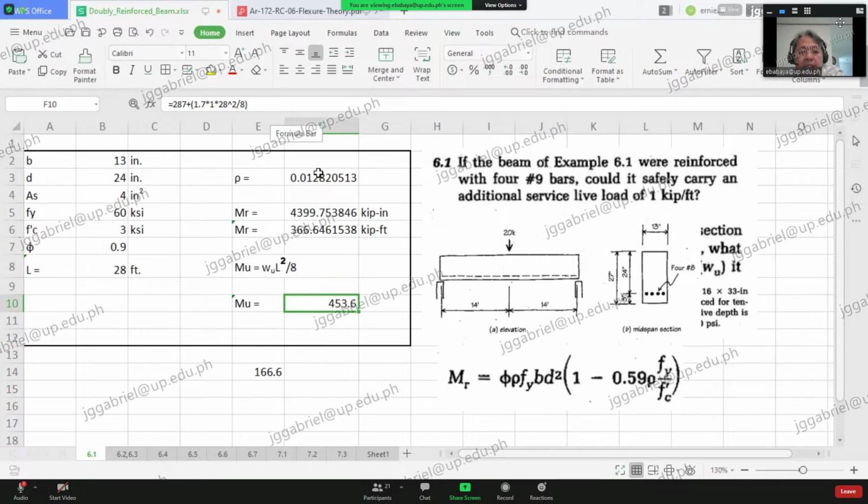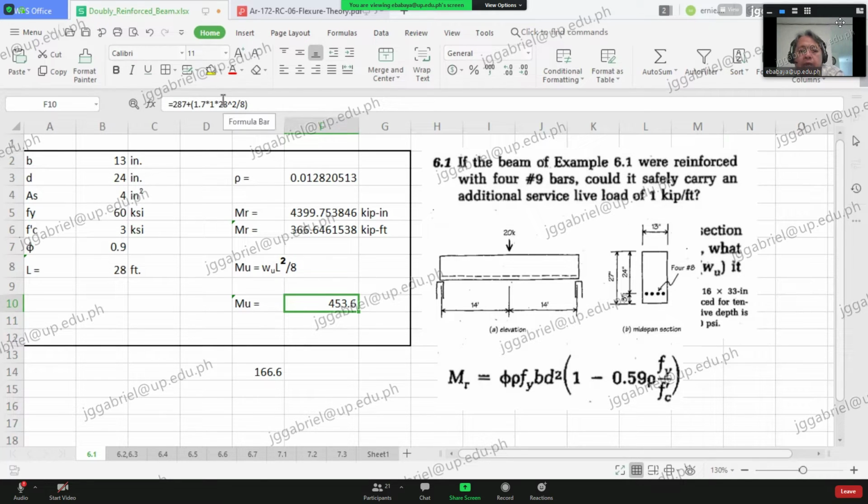Kasi 366 to. This is 366. But if we add 1 kip per foot, of course, we have to multiply that by 1.7 because it is a live load. Service, sabi niya, additional service live load.